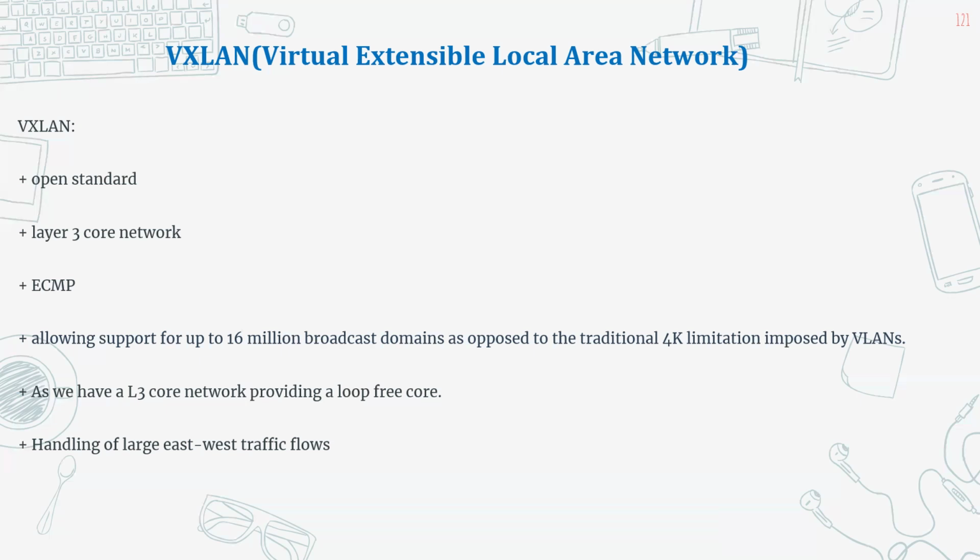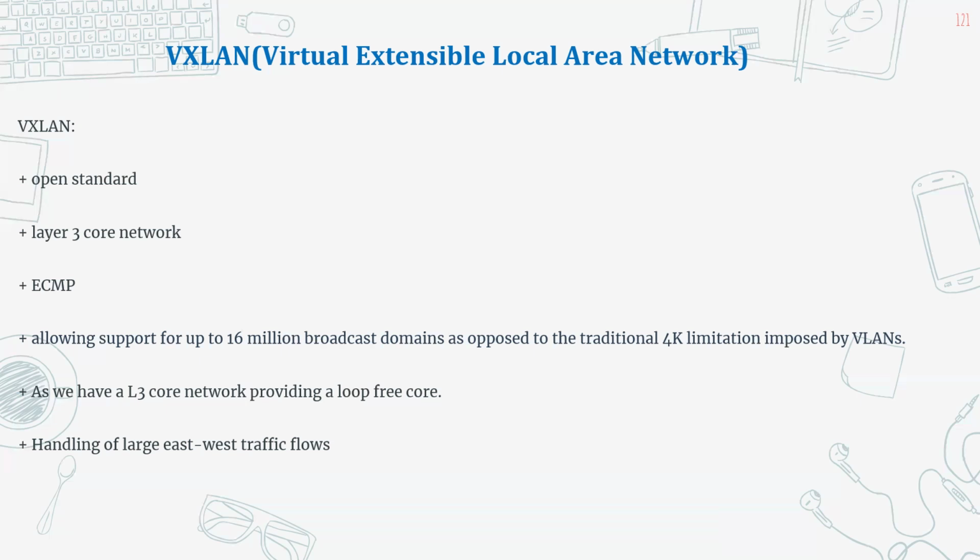Also, because we have a layer 3 core, there is no loop within the core network or the VXLAN fabric. And it can handle large east-west traffic flows, because in today's era there is a huge amount of east-west traffic going on within our data center.